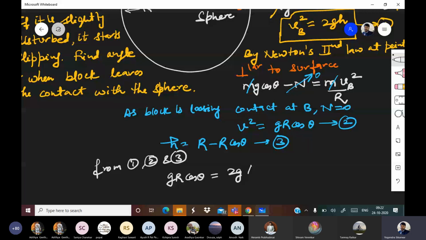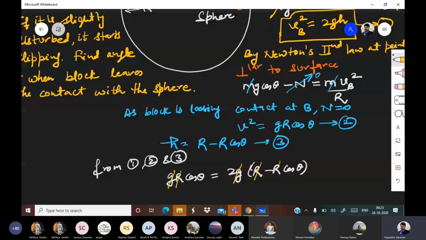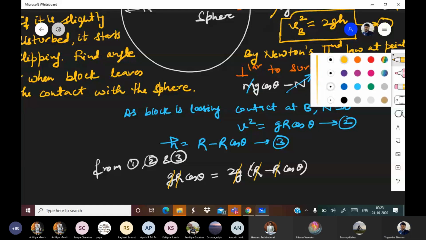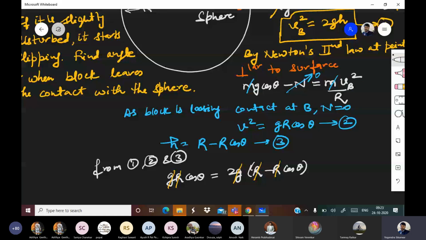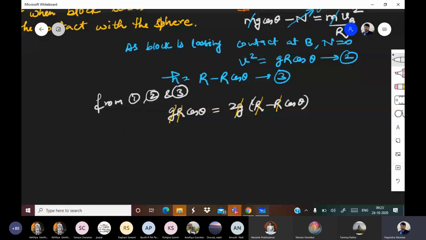Okay. So what we can do now, g and r cancel. So what is left with us? We are left with cos theta is equal to 2 minus 2 cos theta. 3 cos theta is equal to 2.